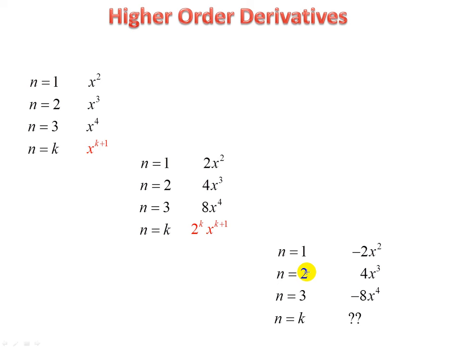Well, that's pretty straightforward then, because a negative to an odd power, such as 1, gives us a negative, such as 3 gives us a negative. Negative to an even power, such as 2, gives us a positive. Thus, we can consider this to be negative 2 to the k times x to the k plus 1.